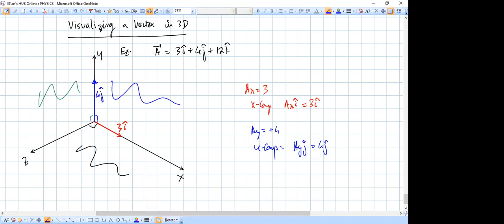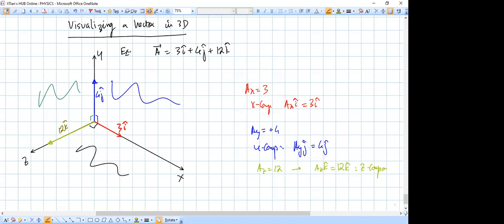And similarly 12k cap now. This is my z component of the vector. So coming back to the diagram, that will look like an arrow starting from the origin along the z axis, and its magnitude is 12 units. So this is your 12k cap.